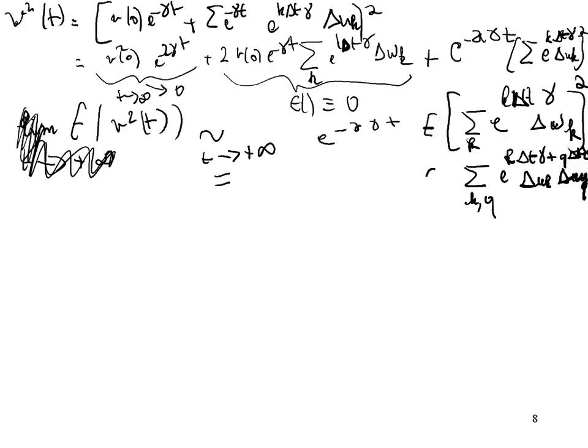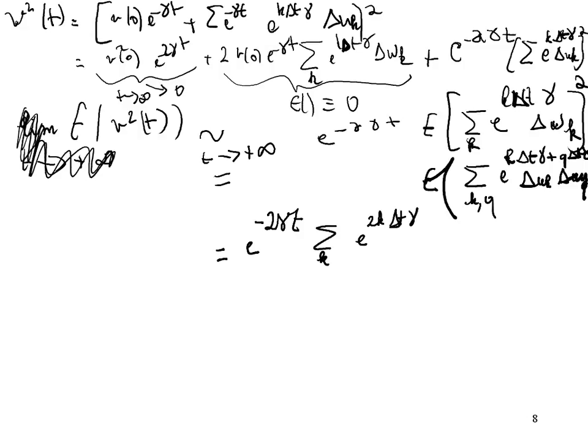And the expectation of all of this is going to give us 0 except for k equals q. So we are going to be left with exponential of minus 2 gamma t, and then we have to sum over k of exponential 2 k delta t gamma.